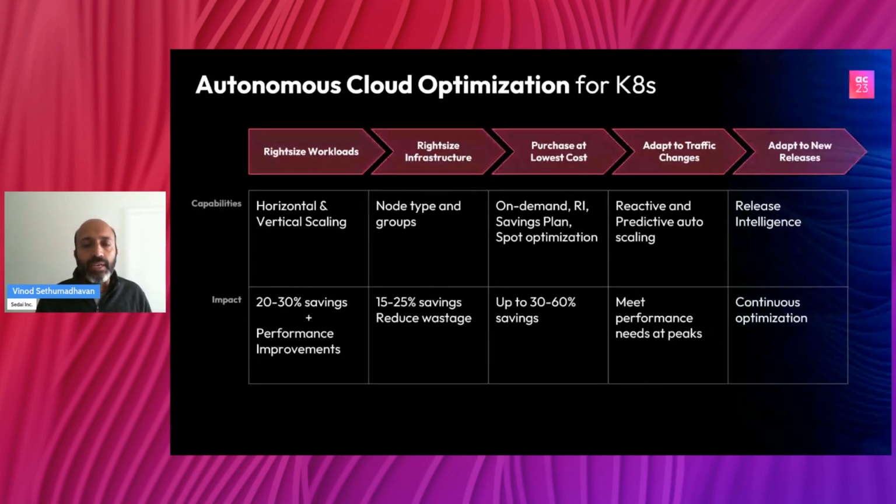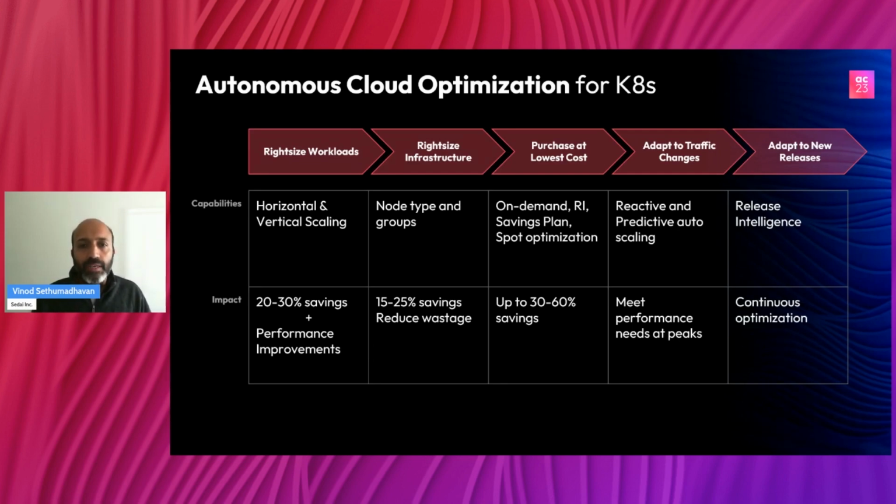The way Sedai does it is a combination of looking at past data. It starts with looking at at least 2 weeks of past data, and then looks at the usage patterns and figures out what size to start with. We look at the data and then set the requests and limits, and also the number of replicas based on the usage. It's basically an estimation of the best case.